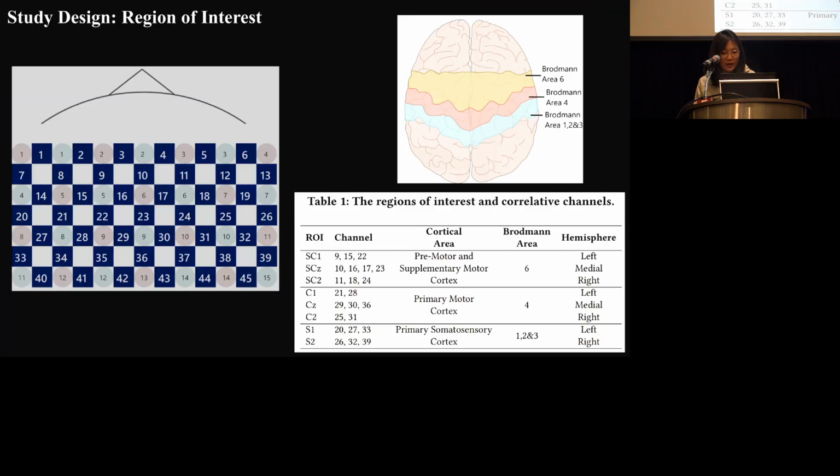The probes of the fNIRS system are arranged in 45 data channels, mainly covering the premotor and the supplementary motor cortex, and the primary motor cortex, and the primary somatosensory cortex.